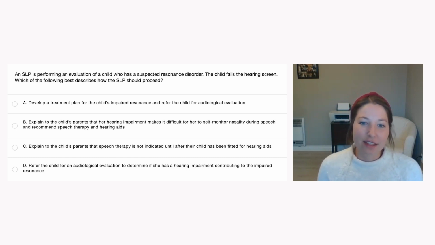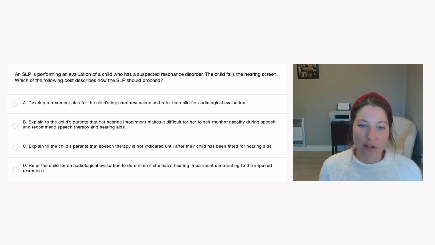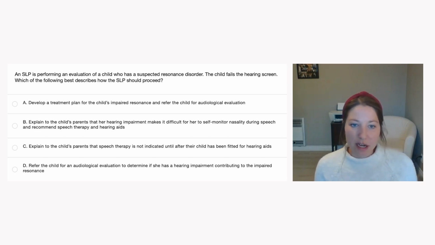The next thing we need to consider is the other answer choices, like answer A, develop a treatment plan for the child's impaired resonance and refer the child for audiological evaluation. Okay, well, this one's talking about us referring for audiological evaluation. That checks the box for sure. But if you had a child that came to you with these results, you would not develop a treatment plan for this child because you don't know why they have impaired resonance.